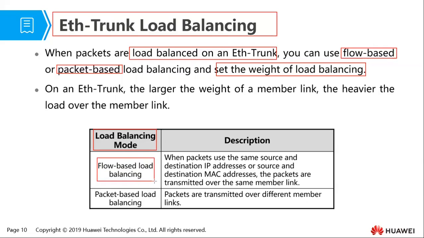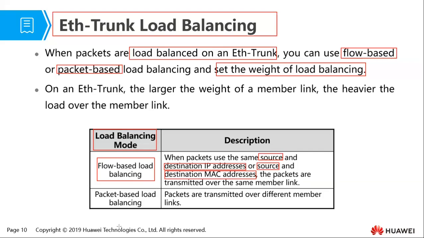So what is flow-based load balancing? Flow-based forwards data flows over the same physical link. How is a data flow identified? Any packets that have the same source or destination IP address, or the same source and destination MAC address, are simply forwarded over the same physical link.